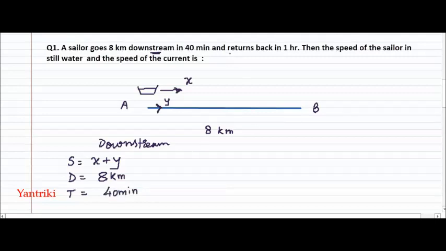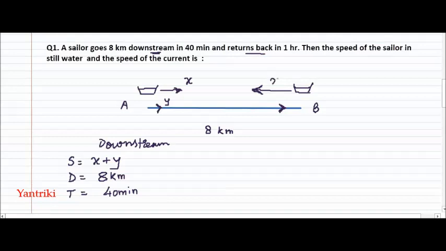Now it says that it returns back. Obviously the returning back will be upstream. So here you follow. This is the direction of stream now, and now suppose the sailor is here and he now wants to go back. So this will be the direction.